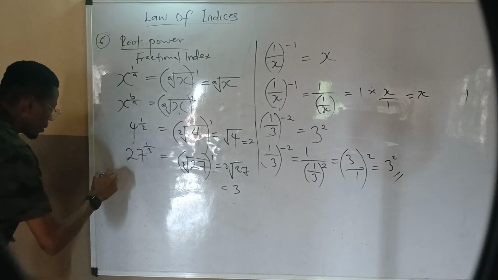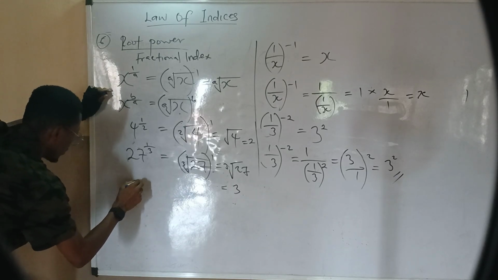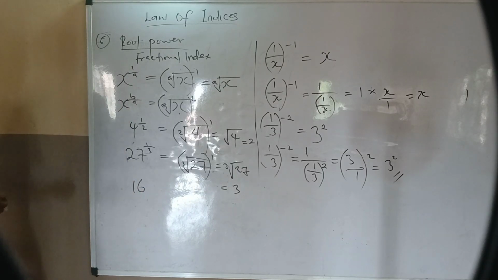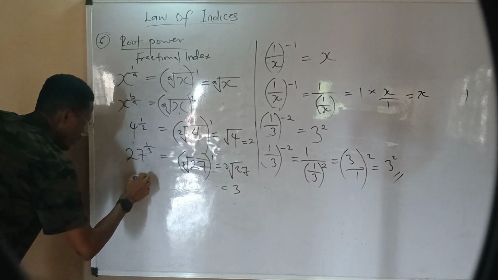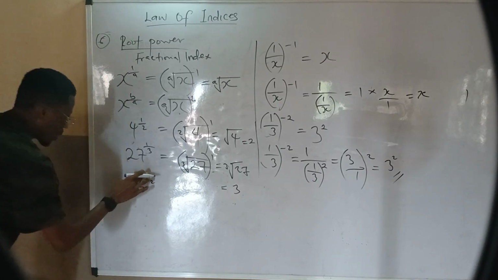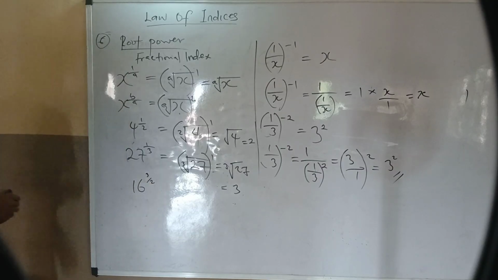Okay, another example before I continue. Okay, now we have 16 raised to the power of 3 over 2. And this is what we have. So what do we do?